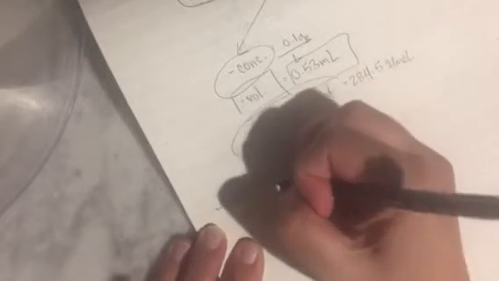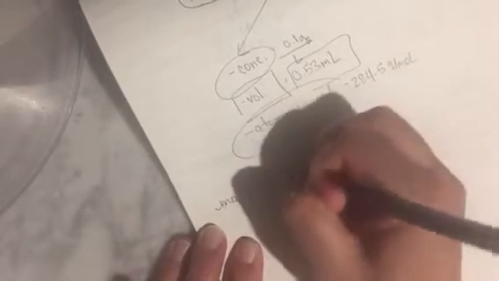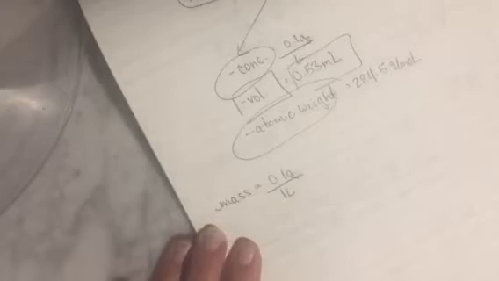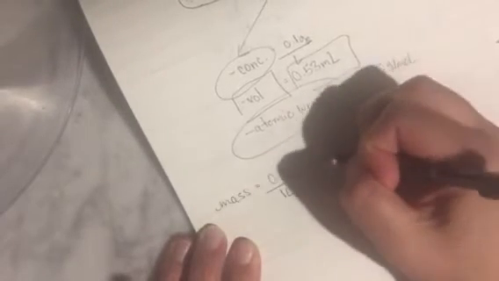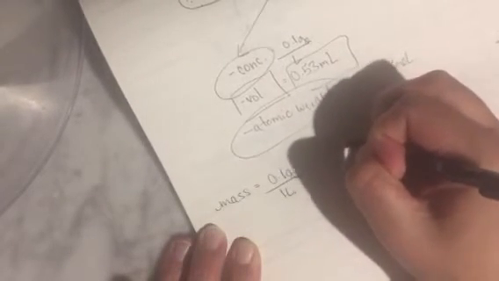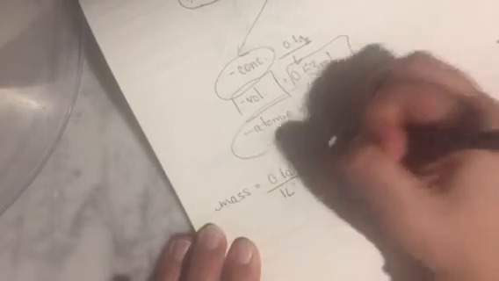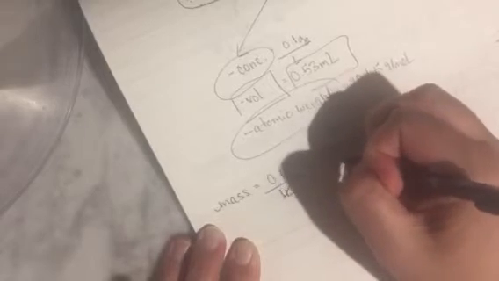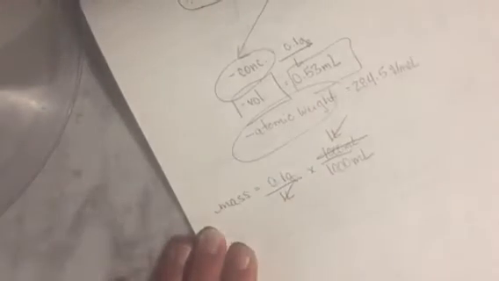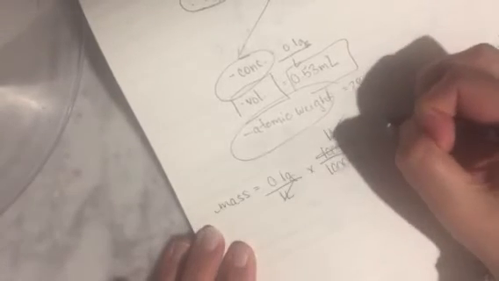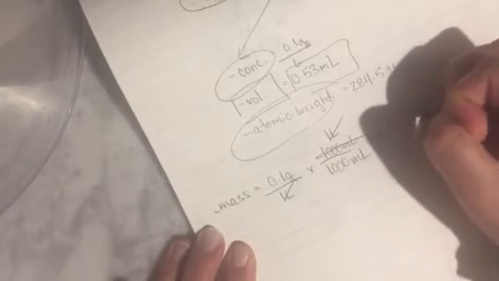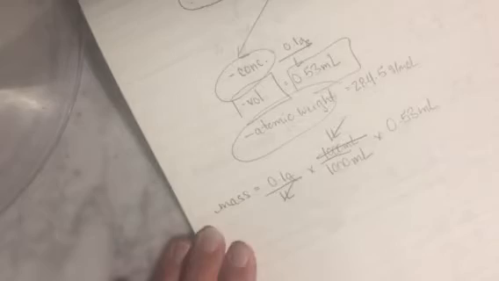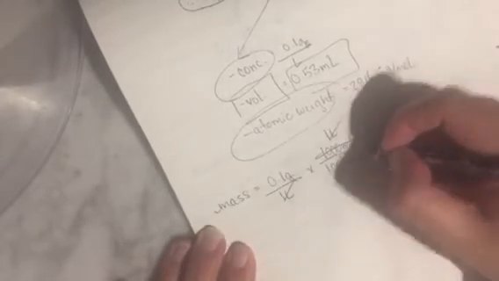So let's walk through that. Mass is equal to the volume times the concentration. 0.1 grams per liter, which we will convert into milliliters. Liters on top, so I can cancel them. And I used 0.53 milliliters of stearic acid. Okay, now I can cancel my milliliters.